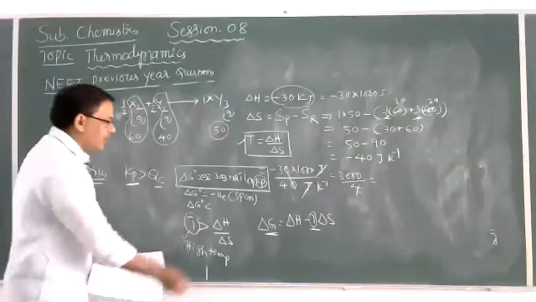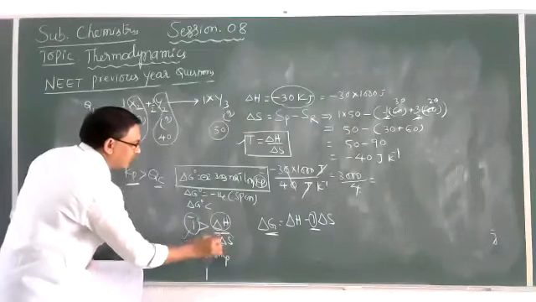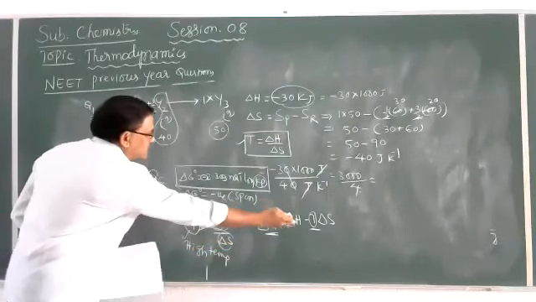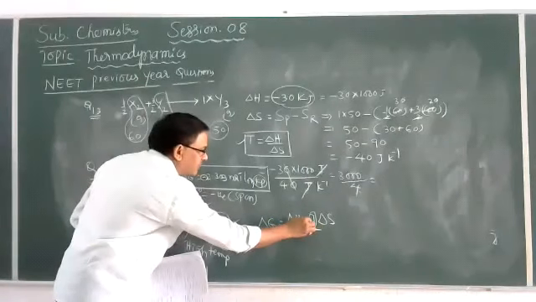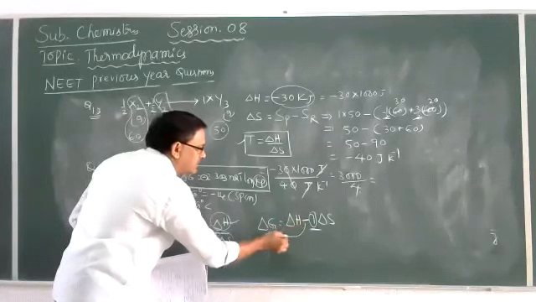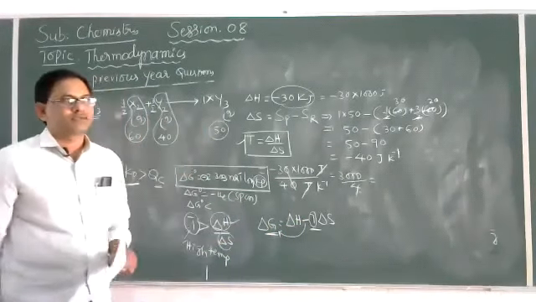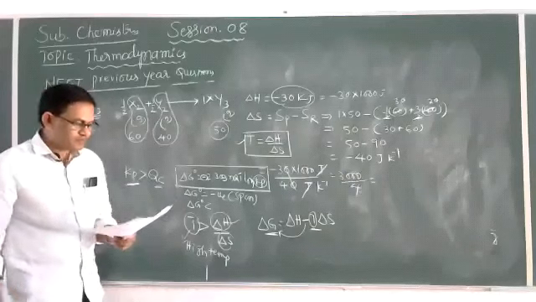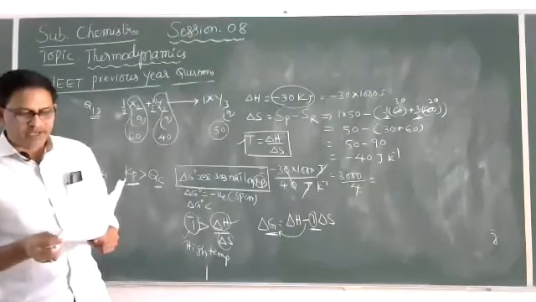Compared to this, for an endothermic process at high temperature, the total final value will be negative. That is a spontaneous process. Clear.